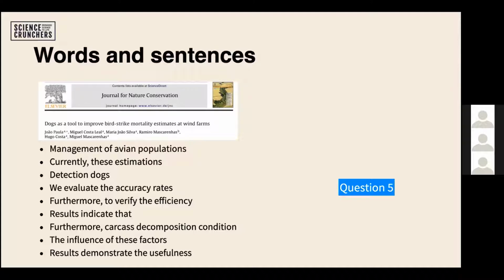I'd like you to tell me, if you don't even understand what the problem is, if the solution is that dogs and humans are equally accurate, if carcass decomposition is just simply key, or you have basically no idea because this is not enough information for you to understand.